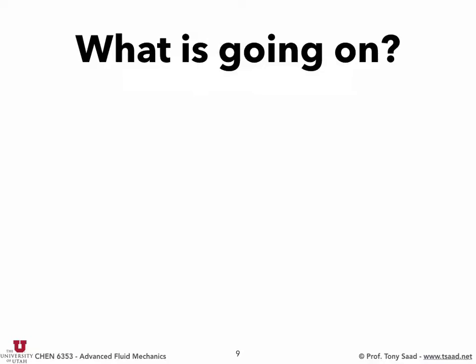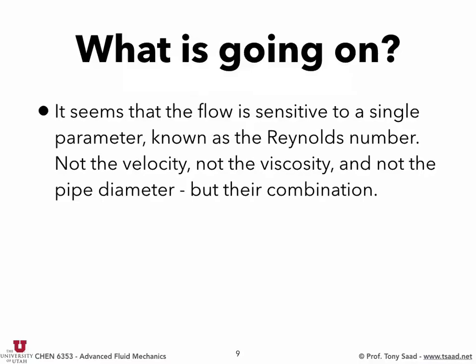It's not going to dissipate, okay? So it seems that the flow is sensitive to a single parameter known as the Reynolds number. It's not the velocity, not the viscosity, not the pipe diameter that is affecting this. It is the Reynolds number, okay?